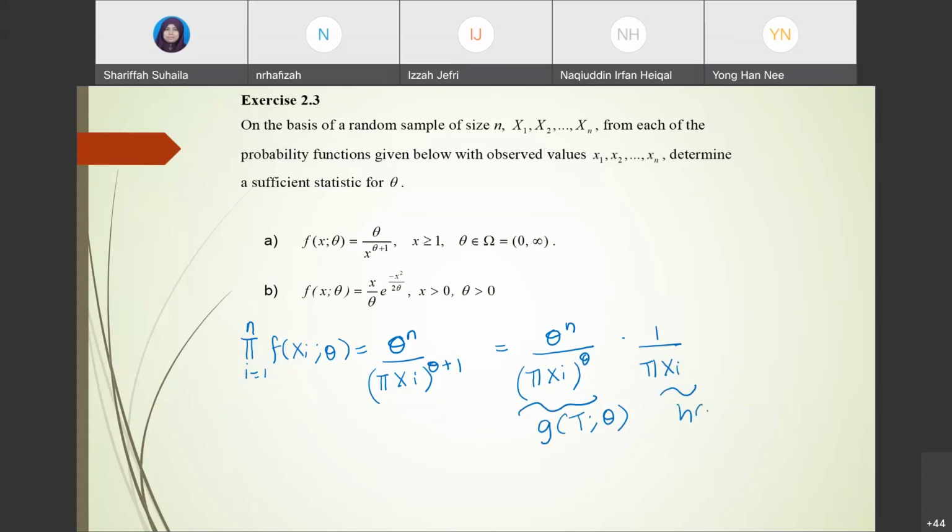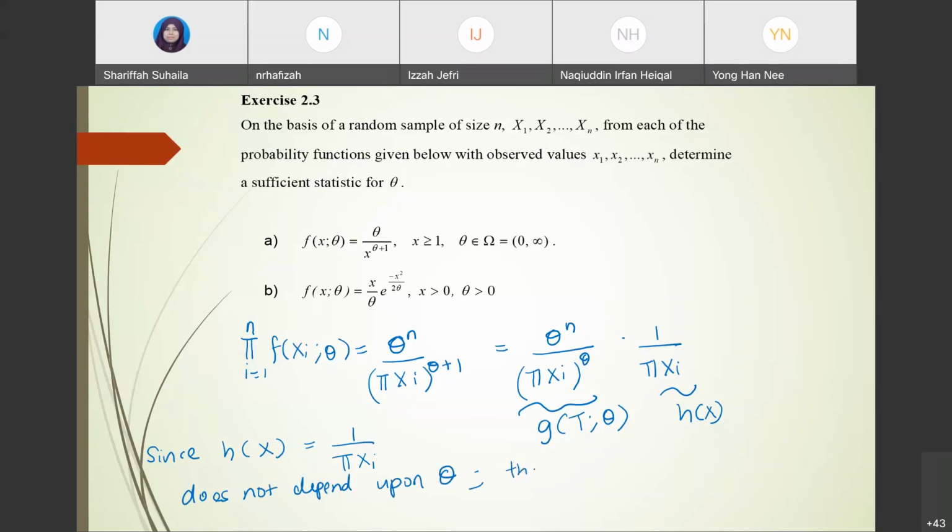This is your h(x). Okay. Lepas tu, write down a little bit. So since your h(x), which is 1 over product xi, does not depend upon theta.